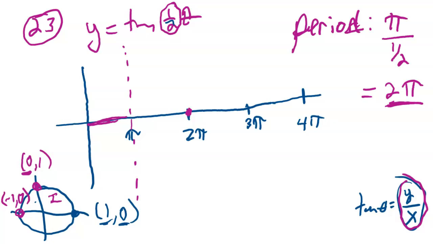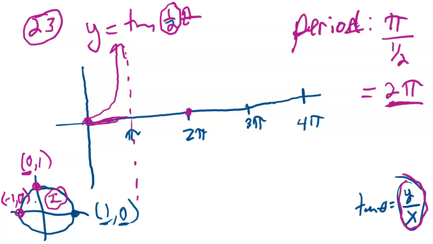Since these theta values go from 0 to pi, and we're finding tangent of 1/2 of theta, all those values are going to be cut in half, and we're going to be in the first quadrant. Tangent is positive in the first quadrant. So we know we pass through this point. We know we pass through that point. It's going to look something like this.